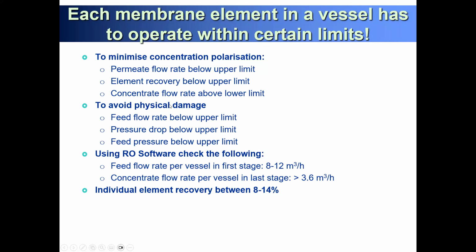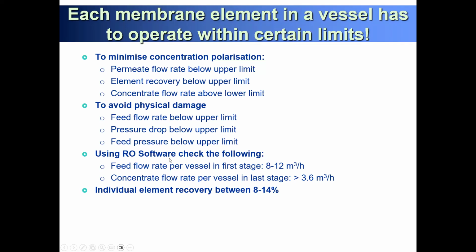Also, to avoid physical damage, the feed water flow rate must be below the upper limit, the pressure drop below the upper limit, and the feed pressure below the upper limit. So you need to make a good balance of your feed water flow, pressure drop, and feed pressure, so that you don't cause physical damage.